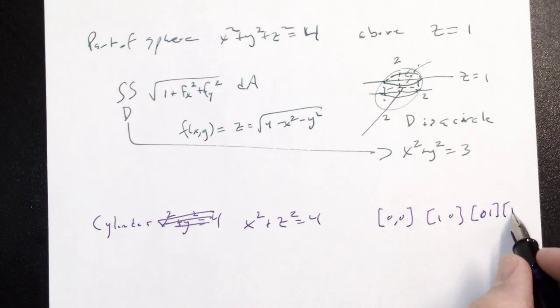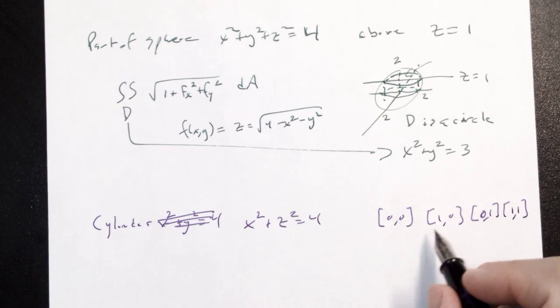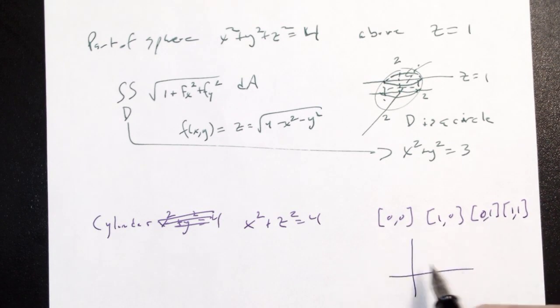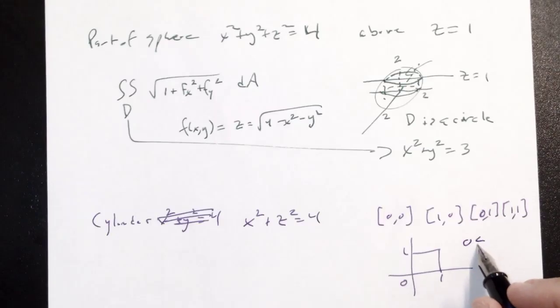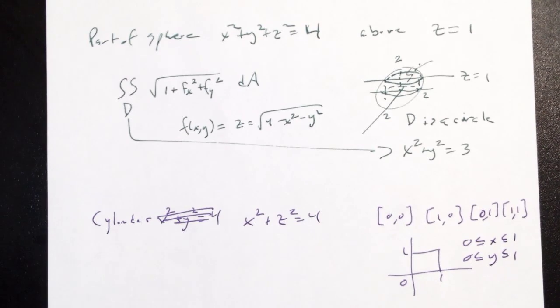So that is a square. Which means that's that square. X goes from 0 to 1, Y goes from 0 to 1. Since that's a square, it doesn't matter whether we do this dx dy or dy dx. They're all numbers.